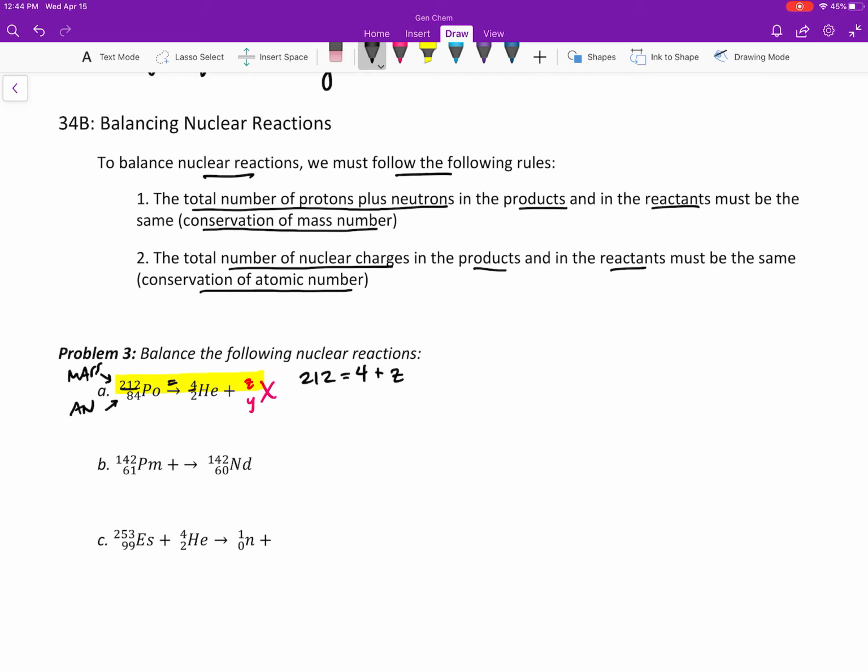I'm just taking 212, 4 plus z, all the way across. I'm going to rearrange it by subtracting 4 to the other side, and that tells me that z is 208. So that is the atomic mass of the unknown element X.